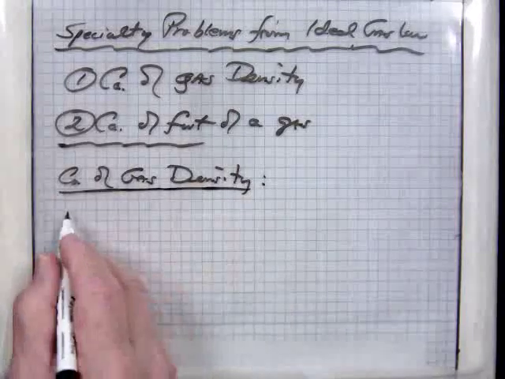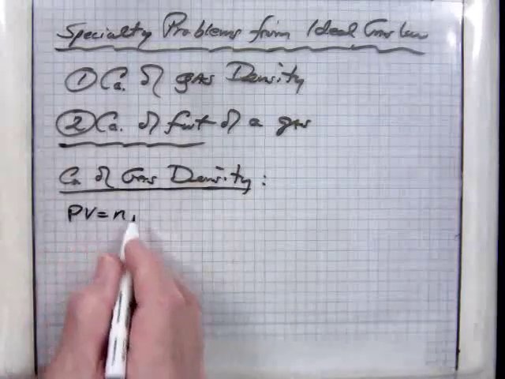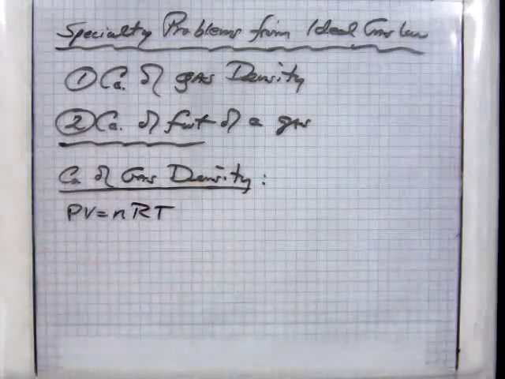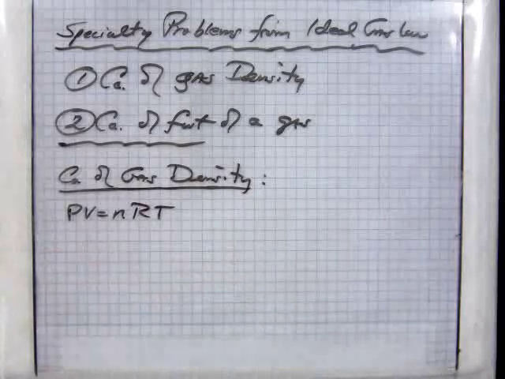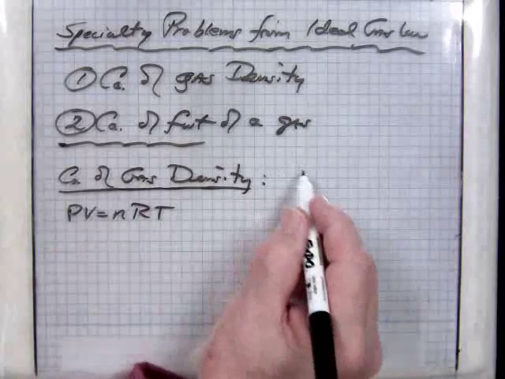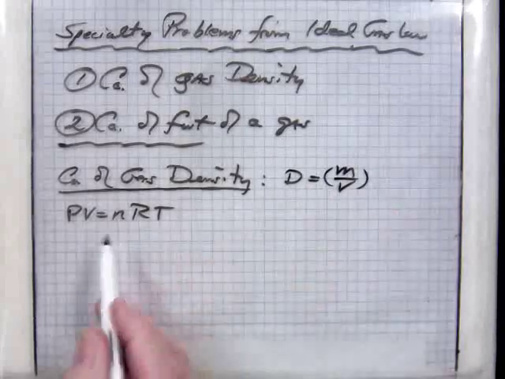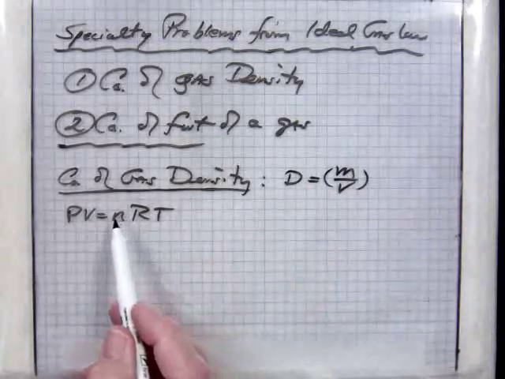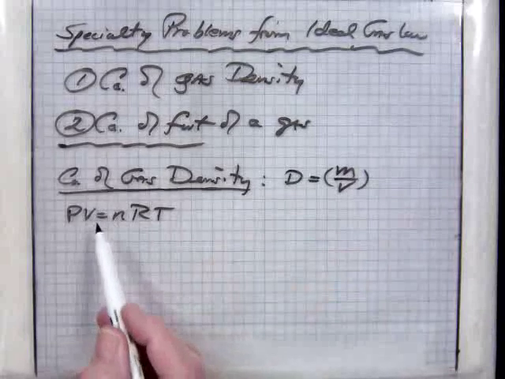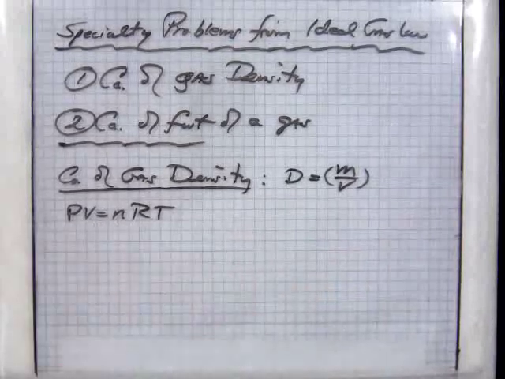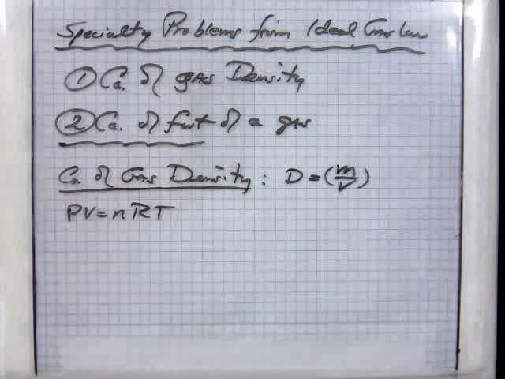From PV equals nRT, you start there. Now, what is density? Density is mass over volume. So what you want to do in this specialty problem is convert PV equals nRT to an equation that has mass over volume in it, and then solve for the M over V ratio.